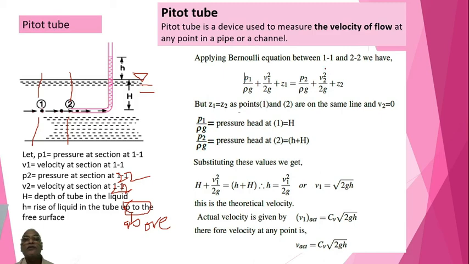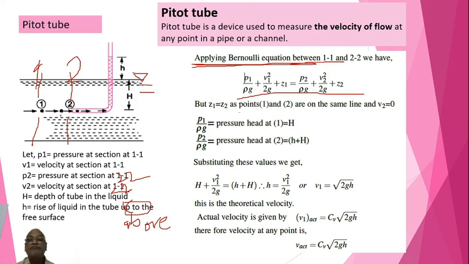Now applying Bernoulli's equation, what we are doing is at section 1 and 2, the usual P1 by gamma plus V1 squared by 2g plus Z1 equal to all corresponding at 2. But because section number 1 and section number 2 are at the same level, Z1 and Z2 cancel off, right?